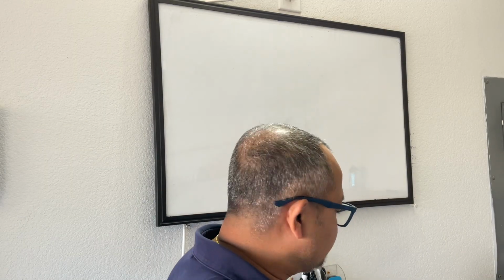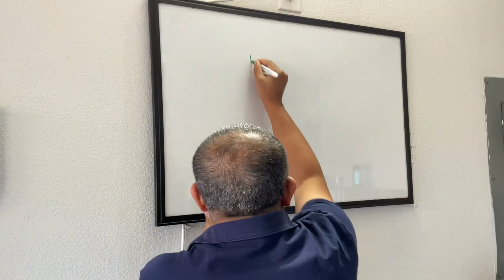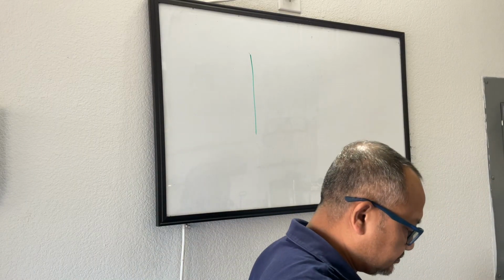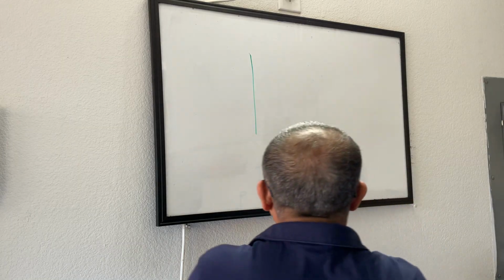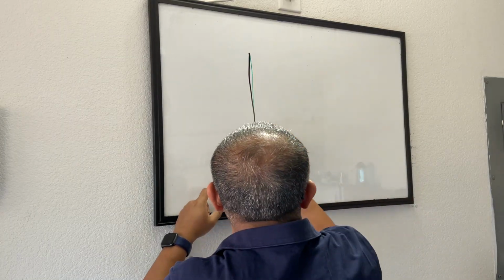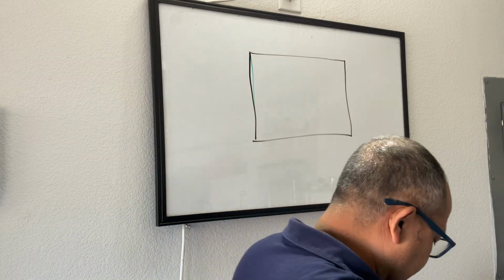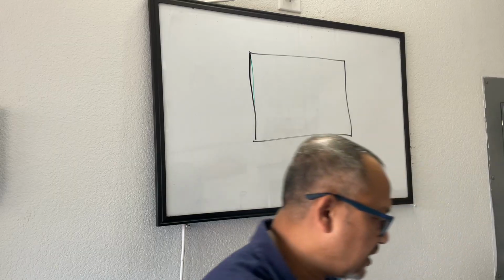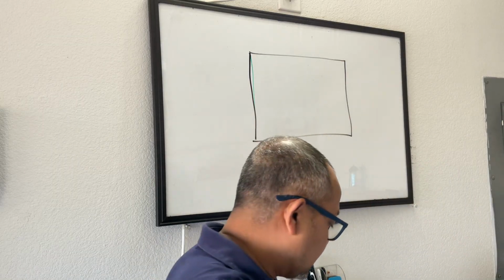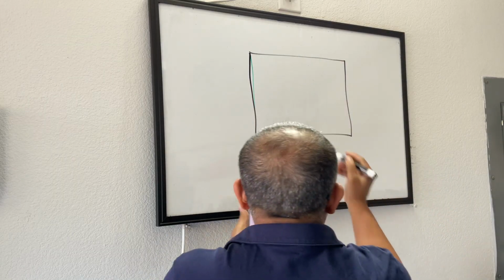Water is poured into a rectangular container. There is a container which is of rectangular shape, 10 centimeters long.